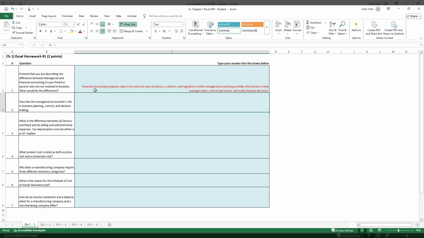There's a little bit more nuance that we could dig into below that, but I think that's a good high-level explanation that gets across the point that managerial accounting is more internally focused for a specific company.